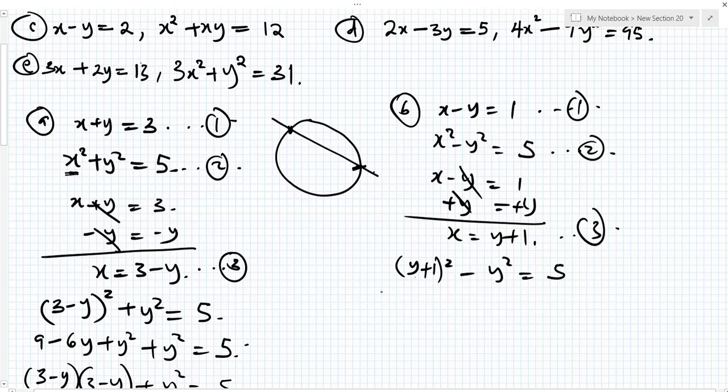If you open this bracket, you have y plus 1 times y plus 1 minus y squared equal to 5.